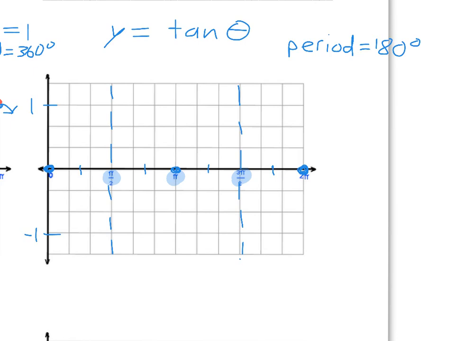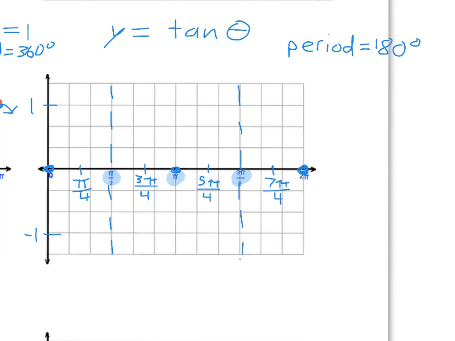So in between 0 and pi over 2, that one is pi over 4. In between pi over 2 and pi, that would be 3 pi over 4. And maybe you could see the pattern. This one will be 5 pi over 4 and 7 pi over 4.